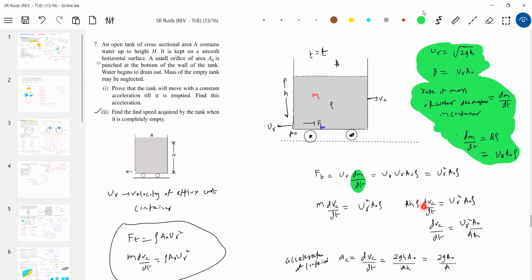That should be equal to A h rho dvc by dt. What is UR? Root of 2gh. Or UR square becomes 2gh. That h gets eliminated, solve it, you get acceleration of container, which depends on area of cross section of hole and area of cross section of container.